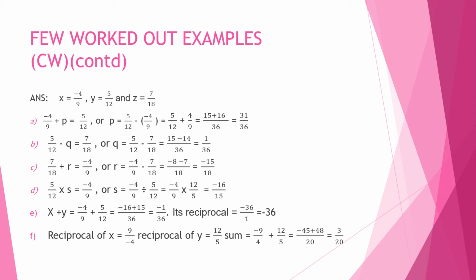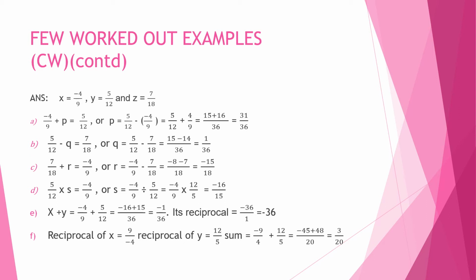No. First we need to solve and get the value of x plus y. We got it as minus 1 by 36. So the reciprocal will be 36 by minus 1. Converting to standard form, it is simply minus 36. No need to write 1 as the denominator.